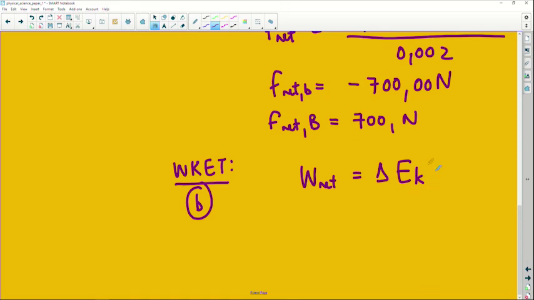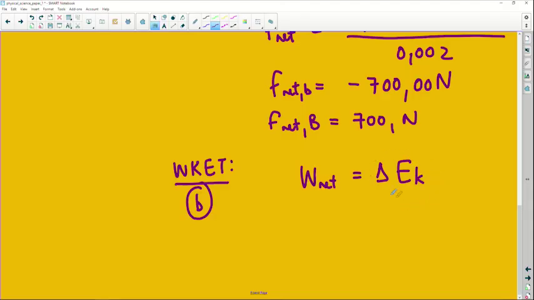So remember, kinetic energy is the energy of motion. If something is in motion, it has kinetic energy. So I am doing net work on an object when I'm changing the kinetic energy of an object. So remember, a positive change means something is getting bigger, a negative change means something is getting smaller, and zero means something has not changed.